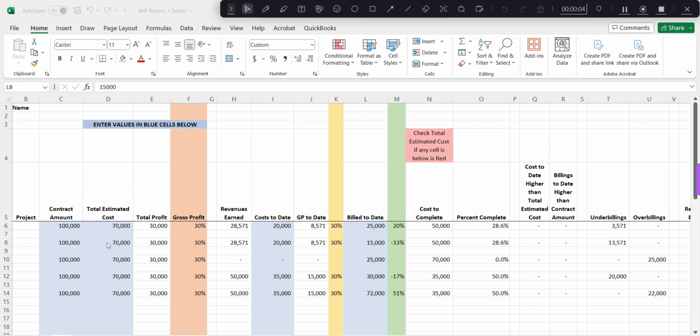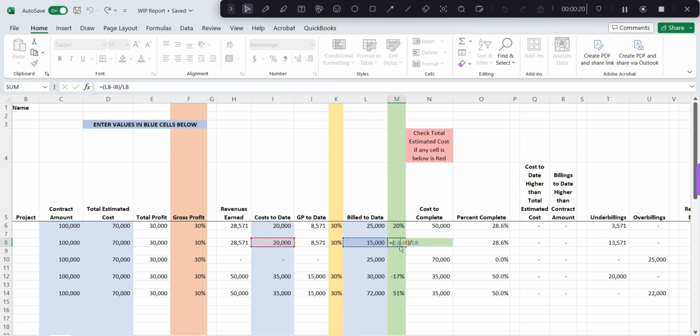Same contract amount, total estimated cost. This time $20,000 cost, but $15,000 in billings to date. Just based off of that activity, as we looked at the example above, we're at negative 33% gross profit. 15,000 minus 20,000, that's a negative, divided by the 15,000 again, that's negative 33% gross profit. We can't have that.